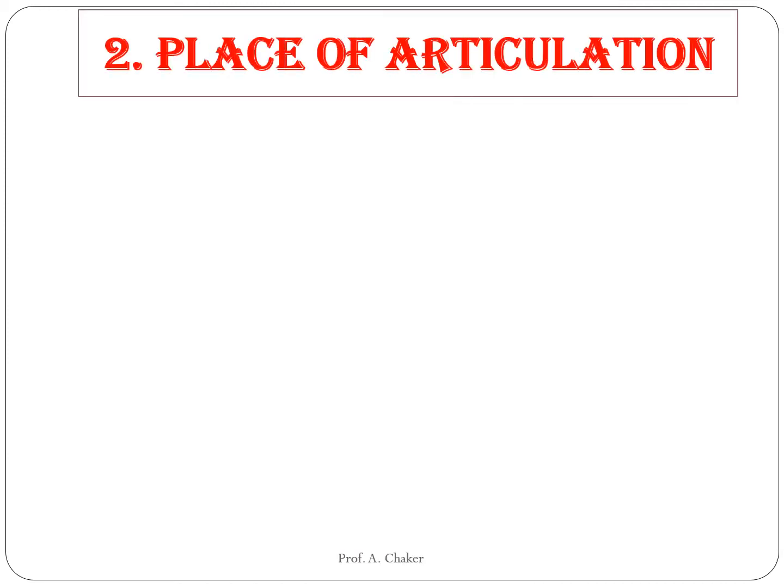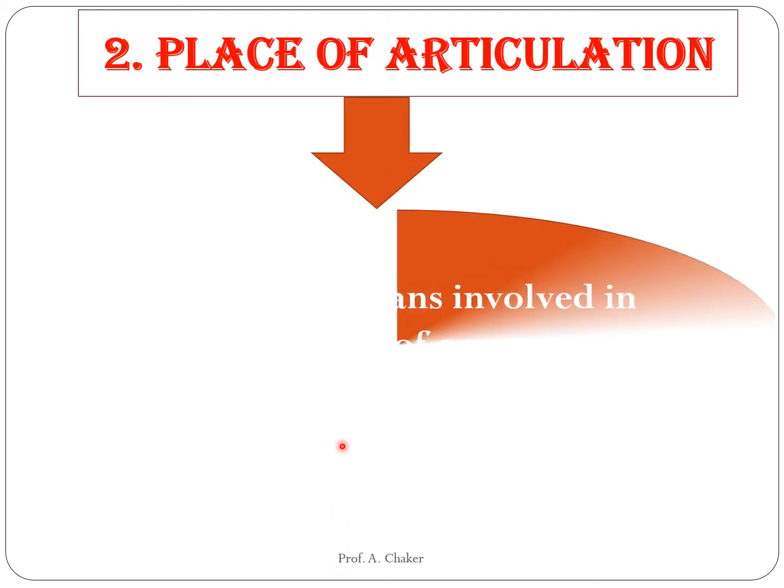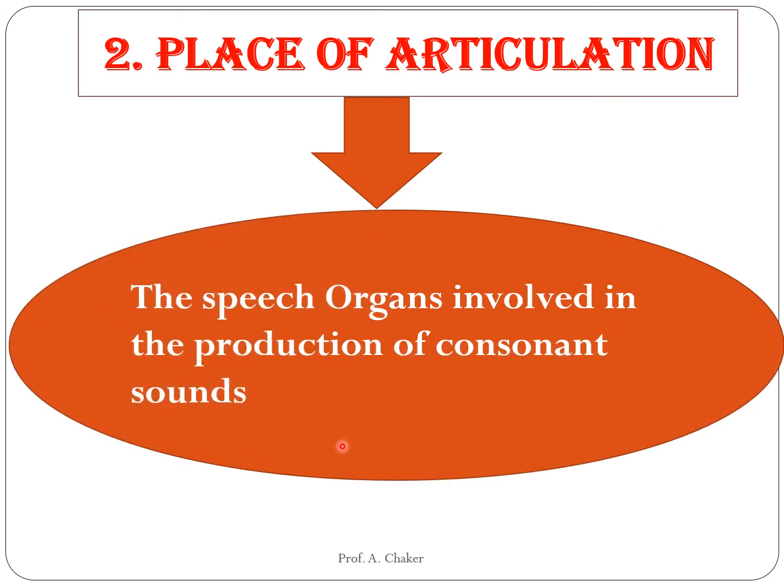The second criterion that we use to describe a consonant sound is the place of articulation, which refers to the speech organs involved in the production of consonant sounds. Each speech sound is produced in a certain area in the mouth.